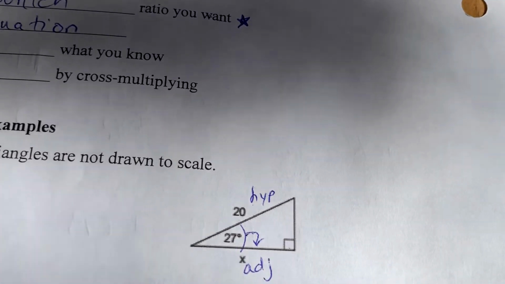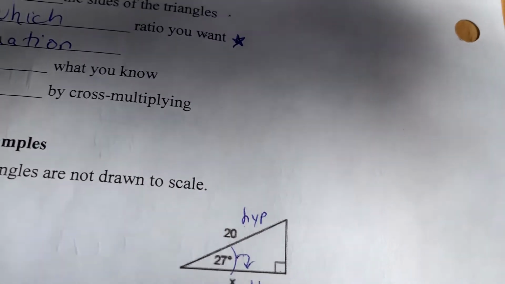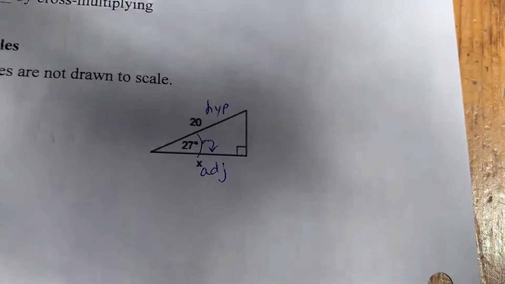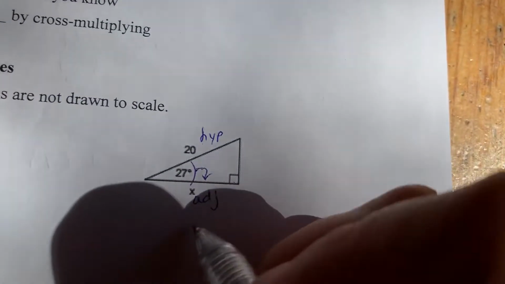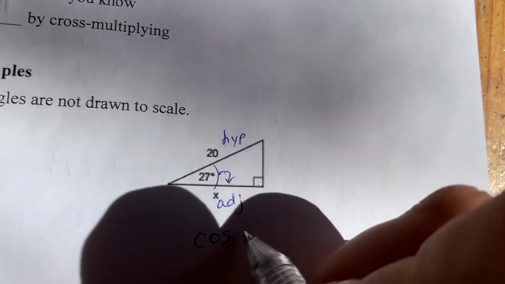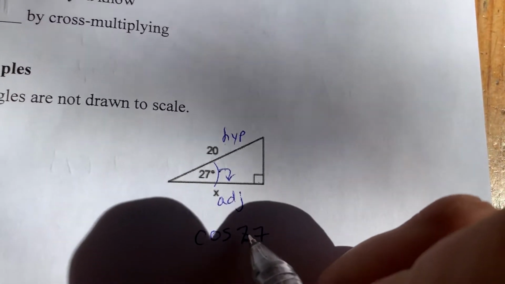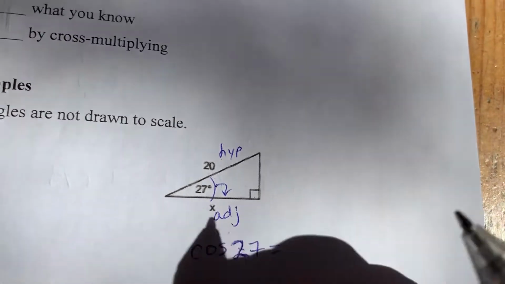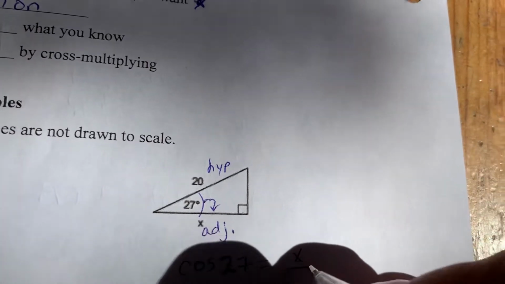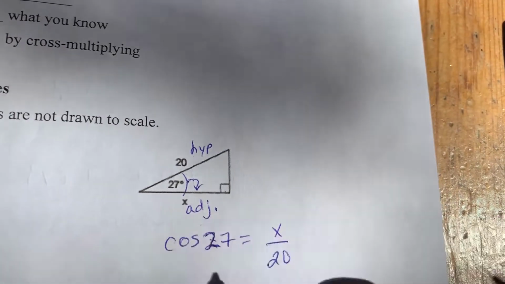That is my adjacent. I only have adjacent and hypotenuse, so I'm going to use cosine equals adjacent over hypotenuse. So cosine of 27, sorry guys, I should have written that in there. Cosine of the angle equals adjacent, which is my x, over my hypotenuse, which is 20.